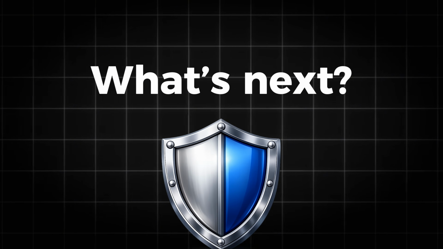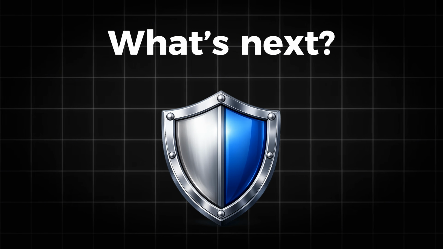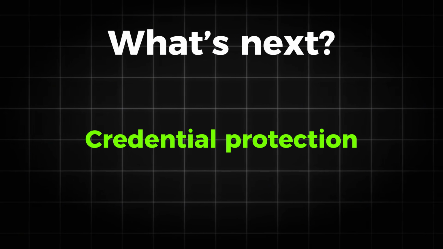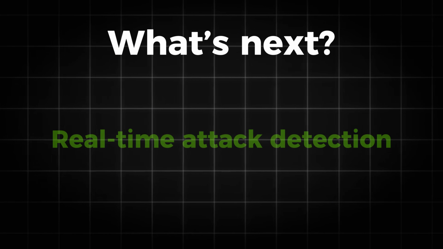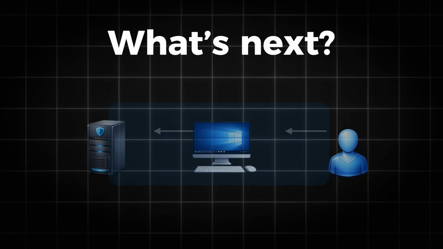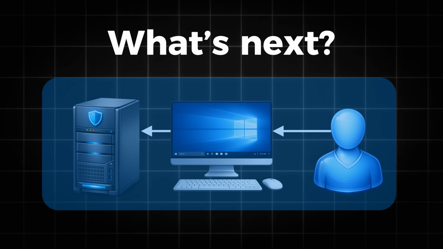Next time, we'll implement the enterprise-grade security controls that defend against attacks. We'll configure group policy security baselines, implement credential protection mechanisms, and enable advanced auditing that detects attacks in real time. That's where we transform this basic domain into a hardened enterprise environment.